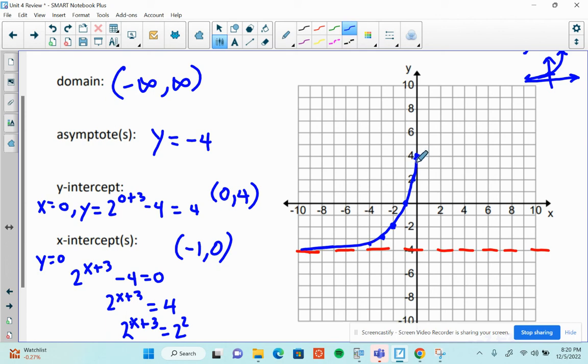And when x is 1, we're going to have 2 to the 4th power, which is 16. 16 take away 4 is 12. We're going to be off the grid, just a little bit, but we are off the grid. And we'll go through the point 1, 12. We get close to the line y equals negative 4, and growing really fast over here.